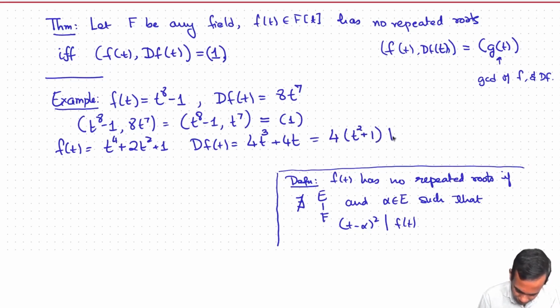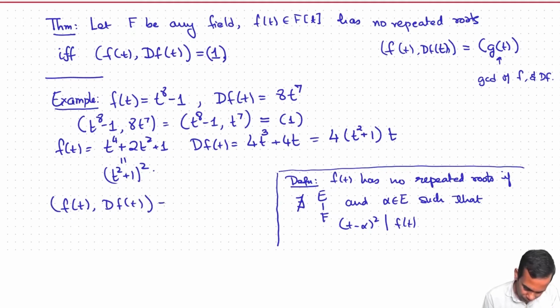Meanwhile, f(t) is (t squared plus 1) squared. So the GCD of f(t) and df(t) is actually t squared plus 1 in the polynomial ring Q[t]. And so you see, this polynomial actually has repeated roots, and the first polynomial t to the 8 minus 1 has no repeated roots, illustrating this theorem here.